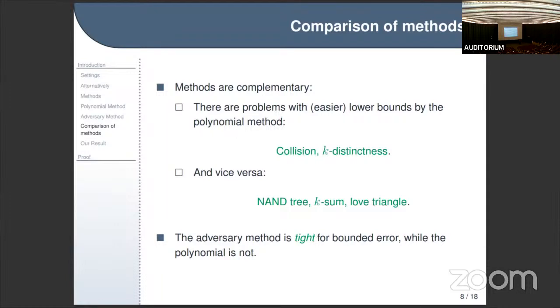Yes, you can certainly use the polynomial method for general state conversion. For instance, there are results that are very easy to prove, such as that it's hard to generate a state which is 99% 0 and 1% parity. You can easily prove that you have to use a linear number of queries to generate the state.